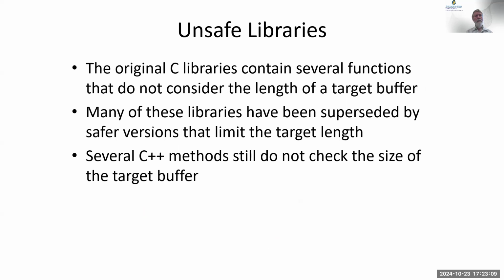Original C. Now, C++ has better, there are better versions of the old C libraries. Not too many people write in C, although there are a lot of small systems, the Internet of Things objects, that are still coded in C that you have to watch out for. And again, generally, these are not attacks.